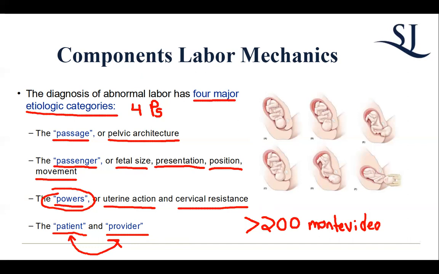You have a patient who has a birth plan, it's not possible, right? And then on the provider end, sometimes providers are just impatient, so they don't want to wait. Not that they don't want to manage it, but they're more likely to proceed with cesarean delivery.